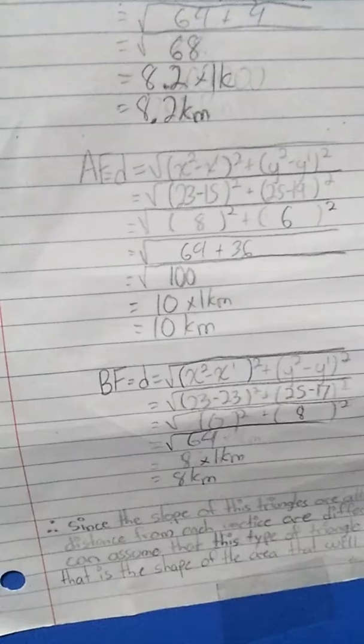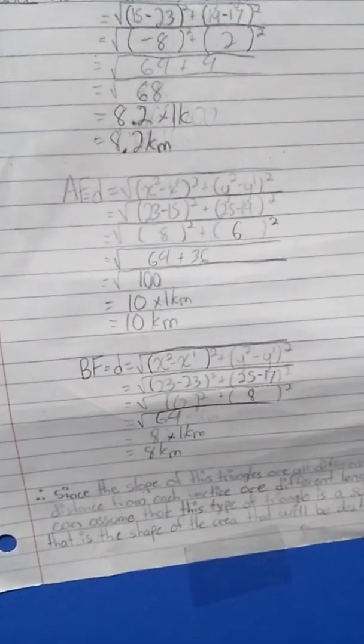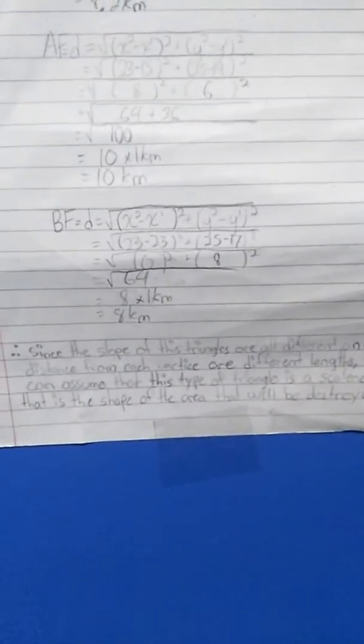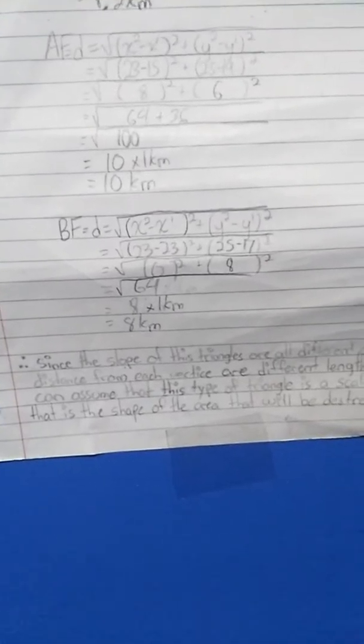And then I did that for AF, so I got 100, and then I square rooted it, and then I got 10, and then times it by 1 kilometer, and then I got 10 kilometers. Same thing for B and F. I got 64, square rooted it, I got 8, times it by 1, and I got 8 kilometers.